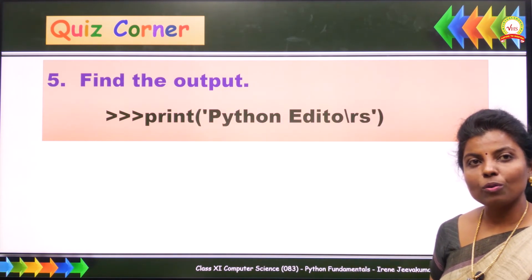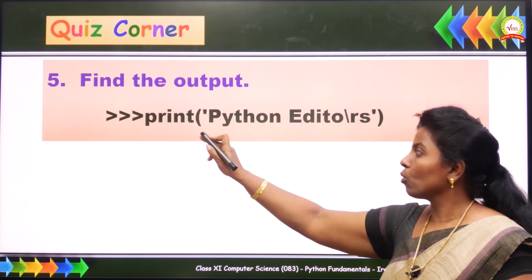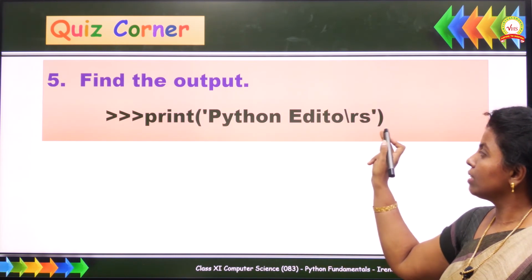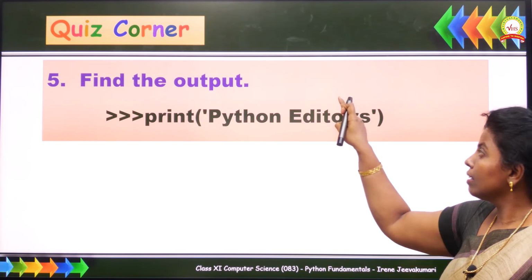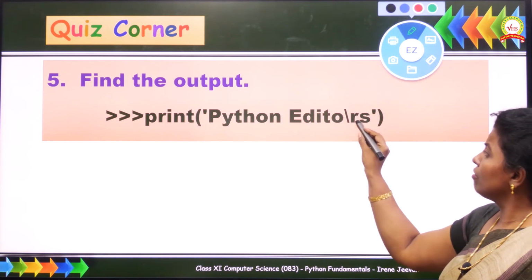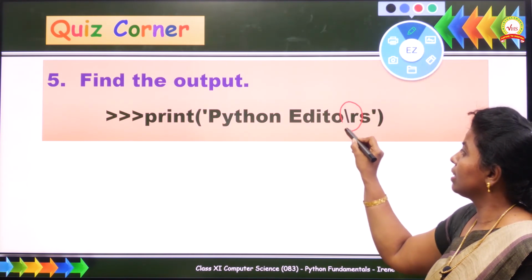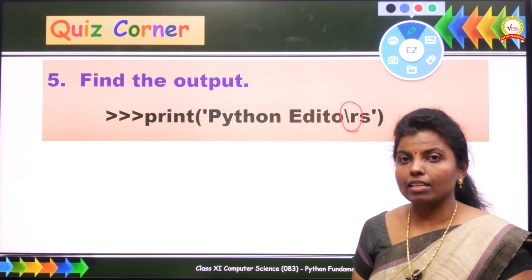Okay, so now let us move on to the next question. Here again find the output, and here we have print Python editors. You can see that where editor R is, here 1 backslash is given. This backslash will join with the character r and be considered a carriage return. What is the purpose of carriage return?